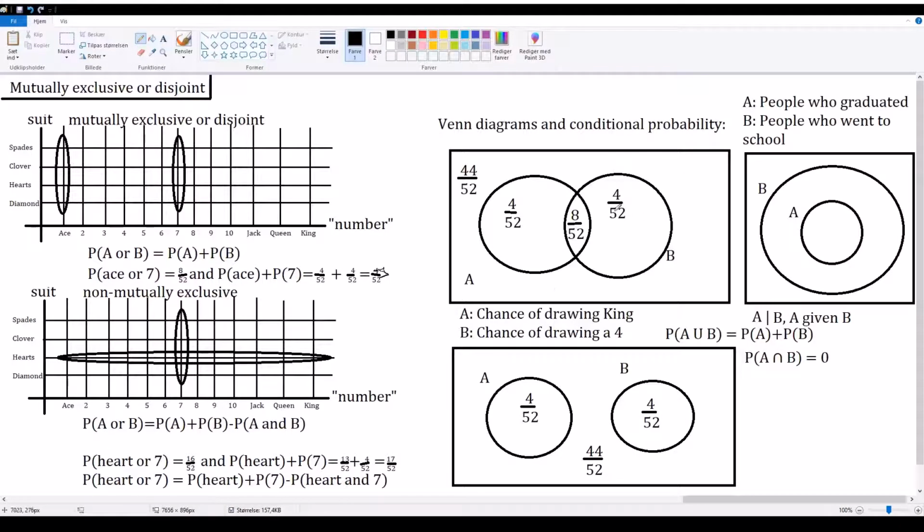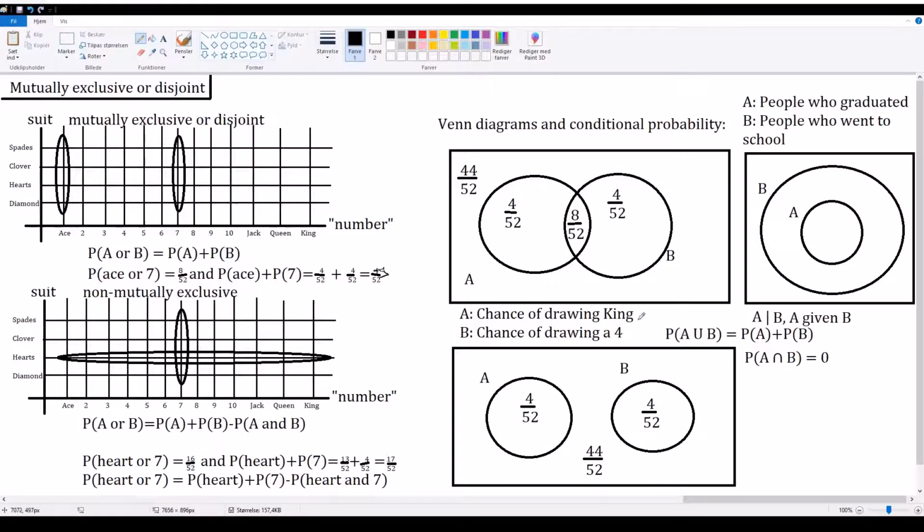So lastly, we have Venn diagrams and conditional probability. Well, first we start with Venn diagrams, and essentially Venn diagrams can be used to describe the amount of outcomes of an experiment or something like that. So for example here we have again drawing cards out of a deck of cards.